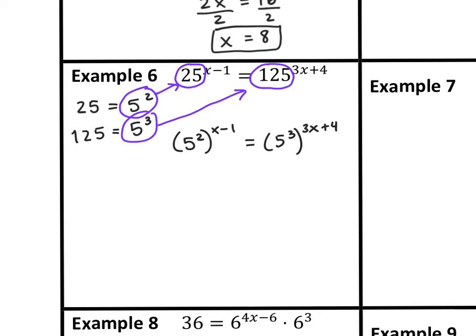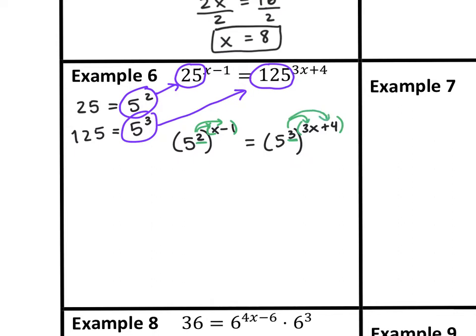The next thing we're going to do is make sure that we use the power rule correctly. So think of this as having a parentheses and a parentheses here. And so we're going to multiply 2 times x and 2 times negative 1. Then on the right side, we're going to multiply 3 times 3x and 3 times 4.